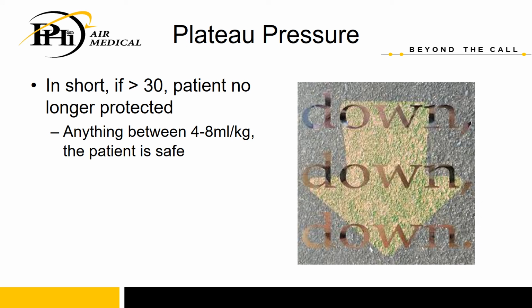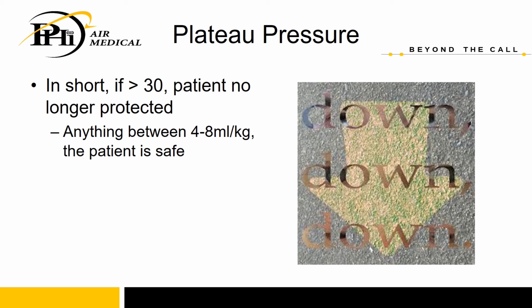When you check a plateau pressure, in short, if it is greater than 30, the patient is no longer protected, and we are going to have to go down on our volume, because remember that tidal volume equals protection. So if we dial in a tidal volume of 8 milliliters per kilogram and we check a plateau pressure, and that plateau pressure is 35, that patient's lung is not protected, and we're going to need to go down by 1.